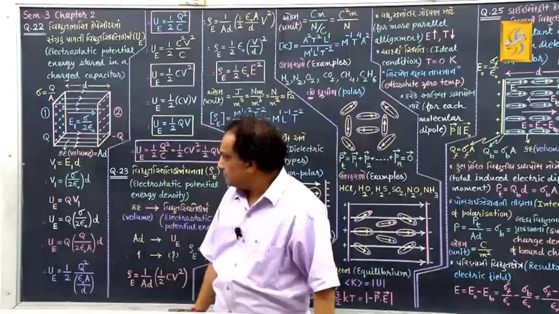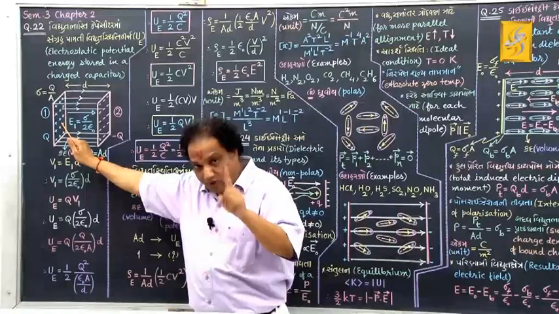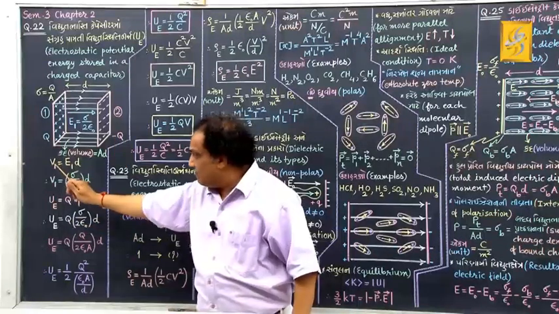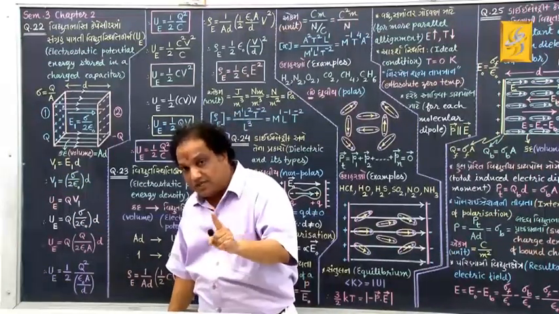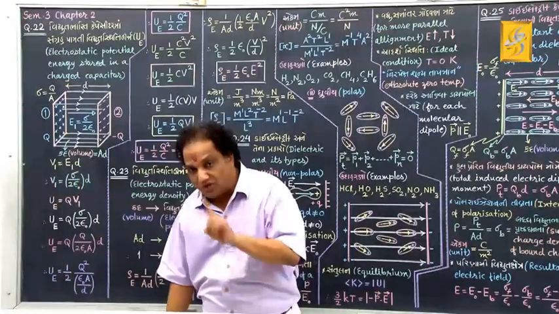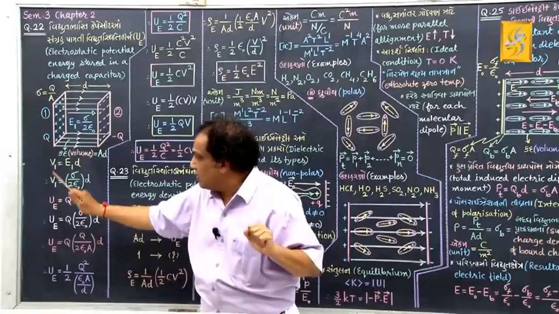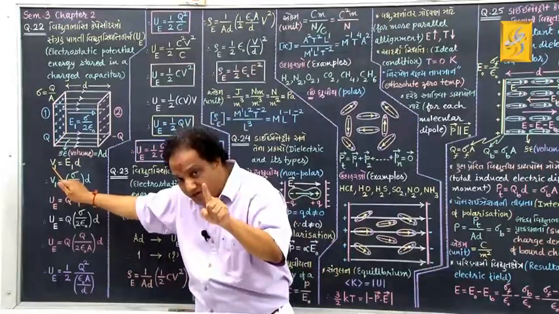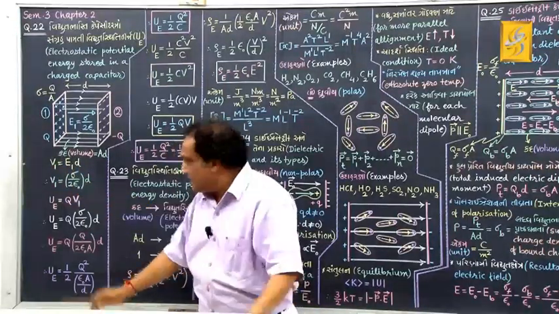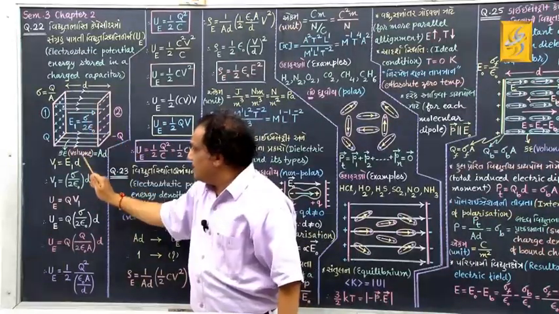Simple? Fine. Now due to this positive charge, what is the electric potential at the position of this negatively charged plate? Let it be V1, because it is the potential due to the first plate. Don't you know the potential formula? It is electric field multiplied by perpendicular distance. But because this is the potential due to the first plate, I should write the electric field produced by only the first plate, multiplied by the perpendicular distance between the two plates, small d.